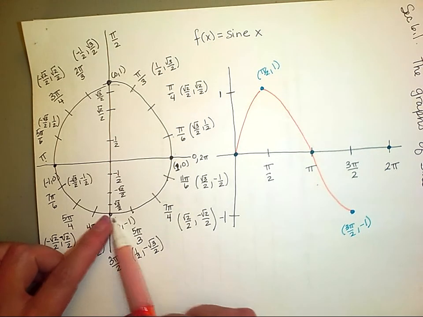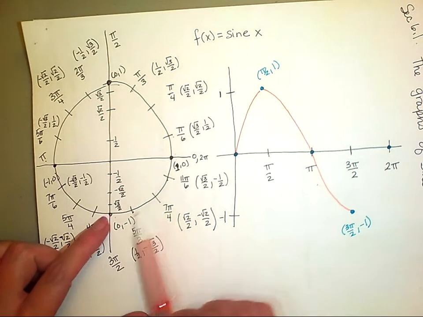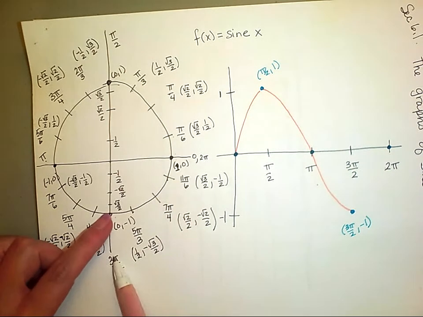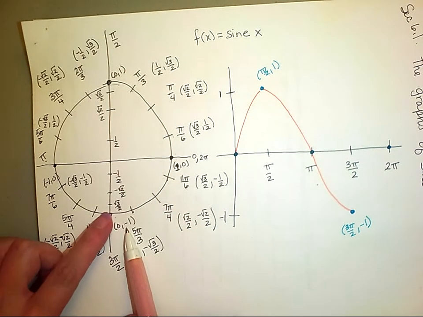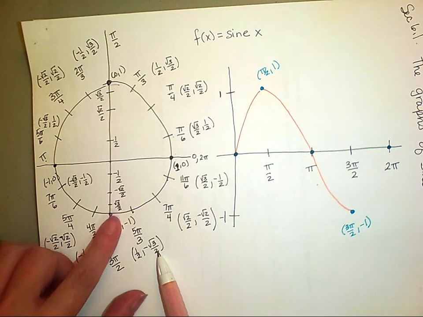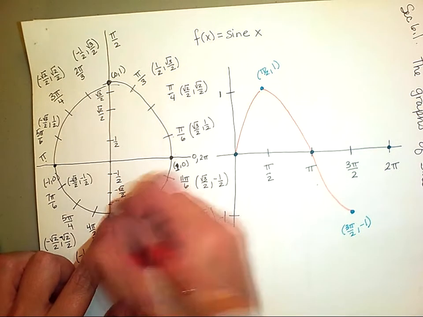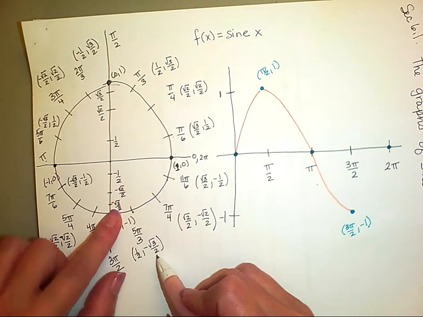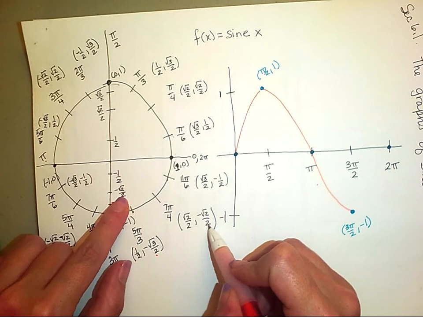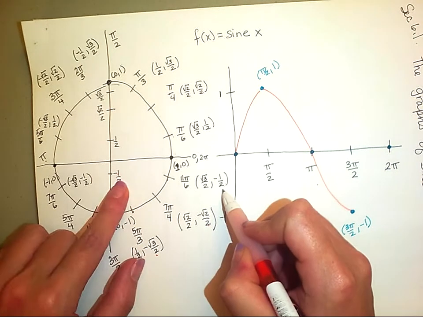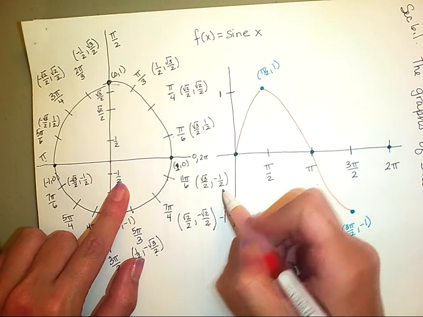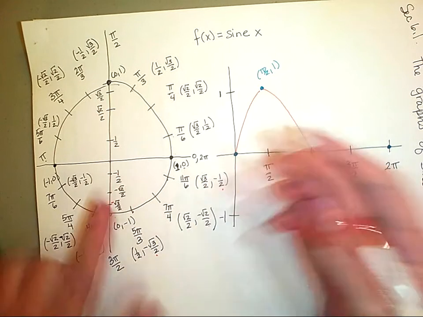Now let's consider what happens in the last quadrant, our last part of the circle. At 3 pi over 2, it starts at negative 1, then it goes to negative square roots of 3 over 2, then it becomes less negative at negative root 2 over 2, less negative at negative 1/2, until finally we're back at 0.